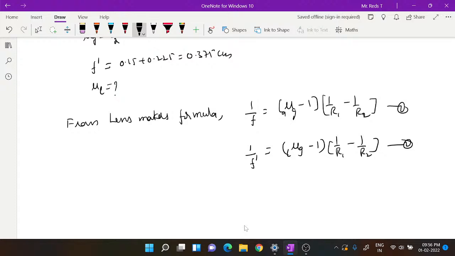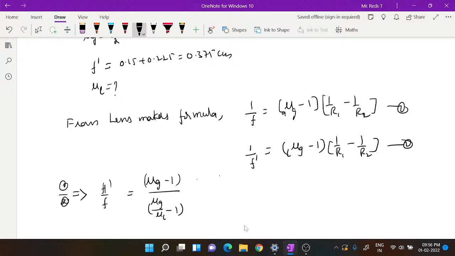So if you divide equation 1 by 2, 1 by f divided by 1 by f dash gives f dash by f, which is equal to mu g minus 1 divided by mu g by mu l minus 1, into 1 by r1 minus 1 by r2 over 1 by r1 minus 1 by r2. This gets cancelled.